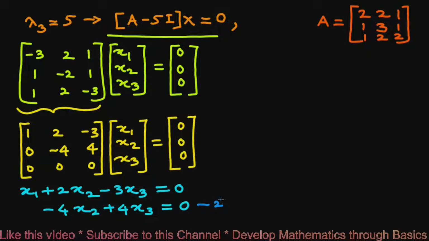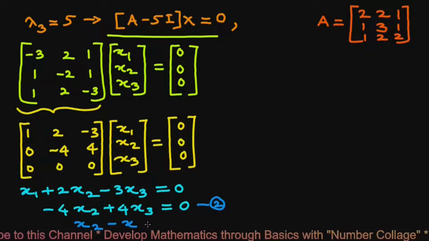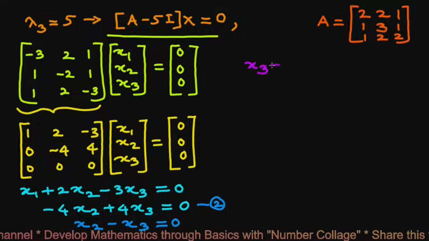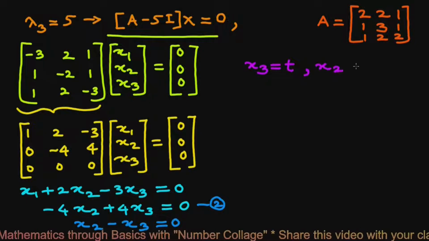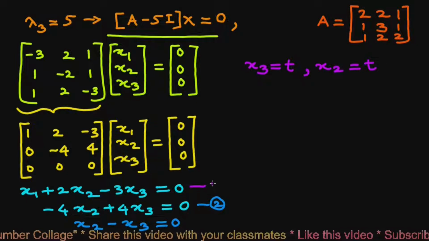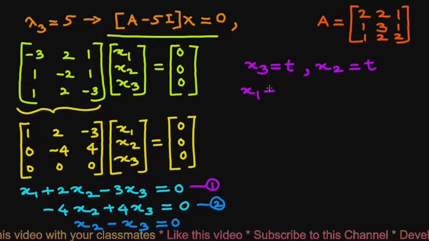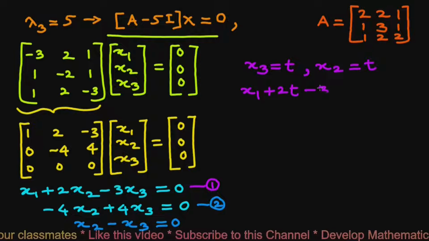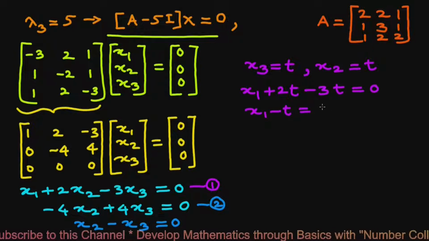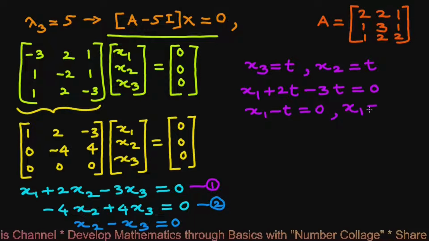This second equation will be x2 minus x3 equals 0. If we put x3 equals t, then x2 will also be equal to t, and from equation 1 we will get x1 plus 2t minus 3t equals 0, x1 minus t equals 0, x1 equals t.